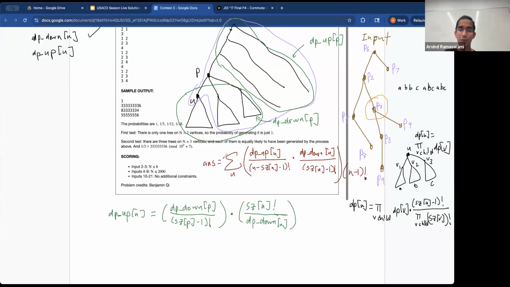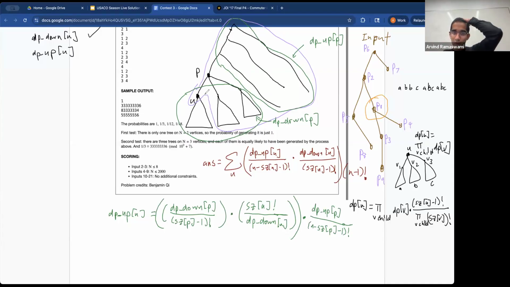That's the contribution of whatever is below, and the contribution of whatever is above is dp up of p divided by the size of everything above p. So n minus size p minus 1 factorial. Once you have all the denominators, you need to multiply the numerator back.